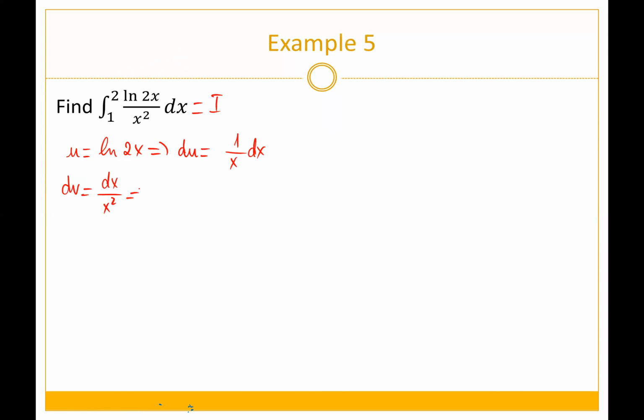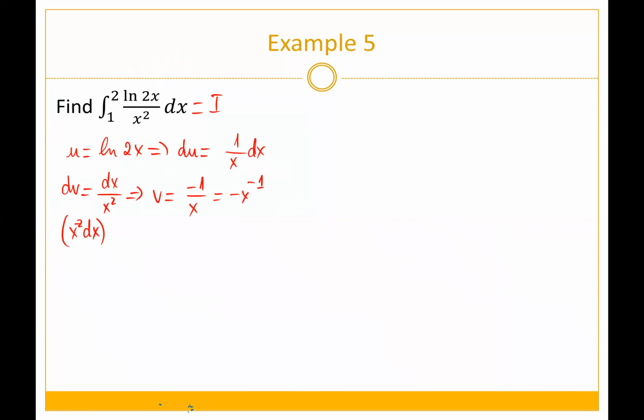Now this is a very important one to remember because you can rewrite it as x to the negative 2 dx, which if you integrate, v is going to be negative 1 over x, or negative x to the negative 1.